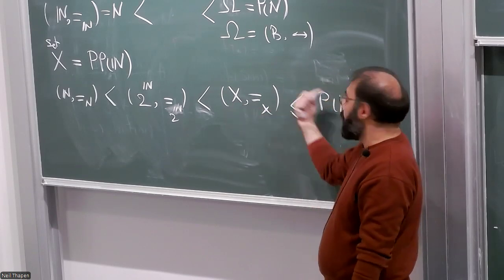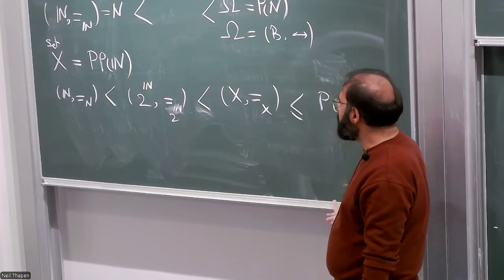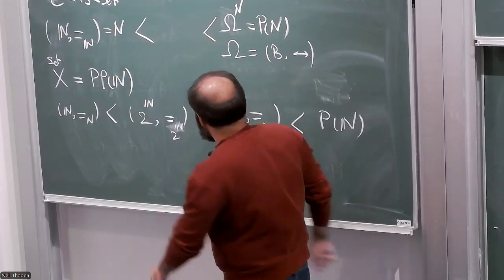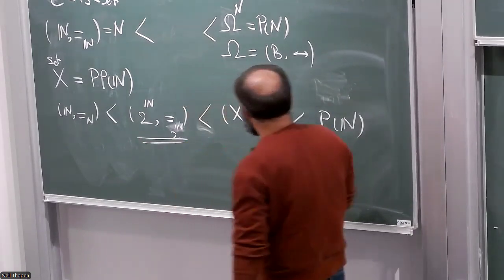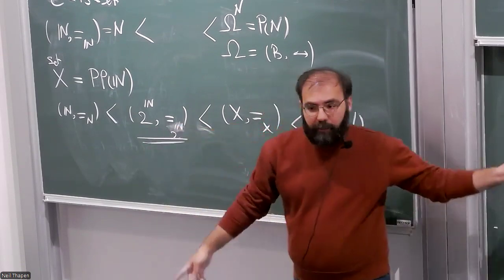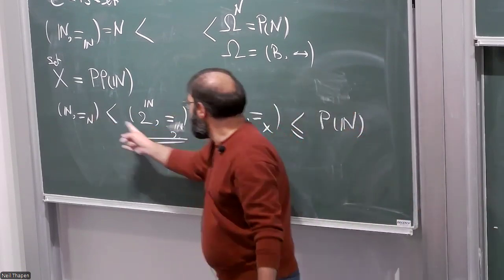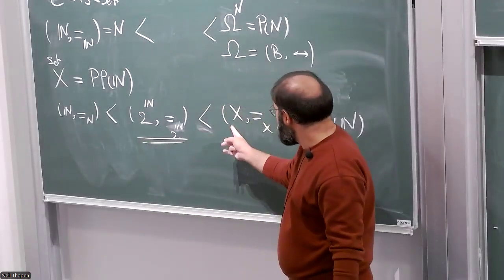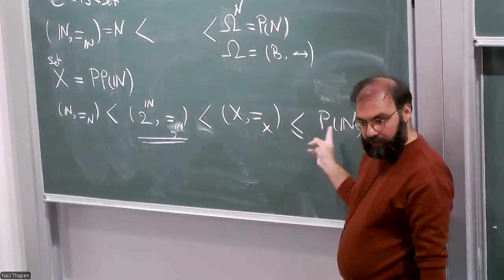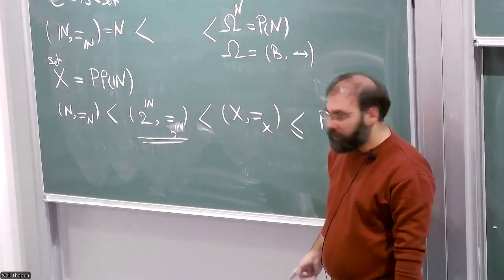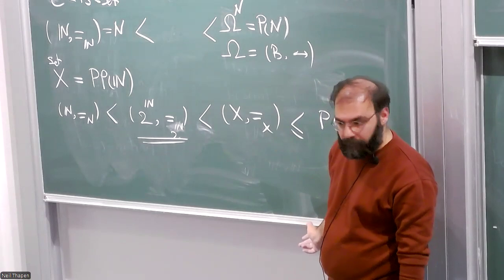It should be some monic map inside. Then I get what I want. So my A in between would be this guy, not this guy. Because of the lemma, right? This is strict, that's fine. This is strict, but non-strict composition is strict. Then this guy is really strictly between the two. That is what I have to do, right?